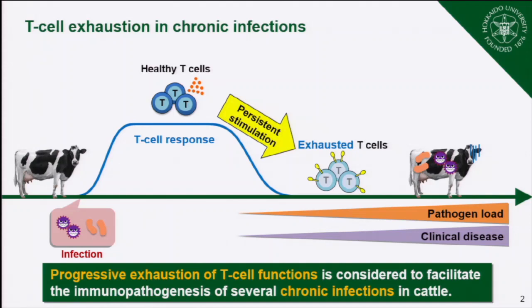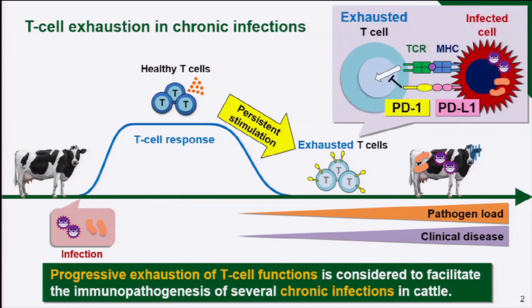Such diseases are, of course, BLV infection, Young disease, anaplasmosis, and mycoplasmosis, and so on. And in our project recently, we are focusing on the molecular mechanism that induces T-cell exhaustion during chronic infection in cattle.